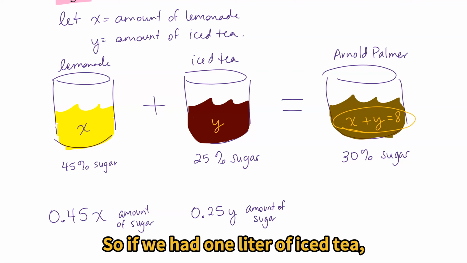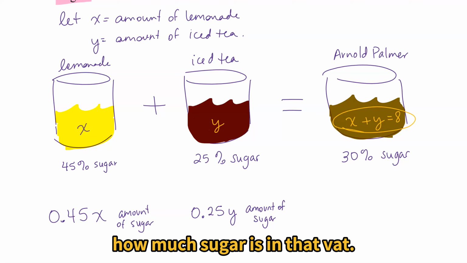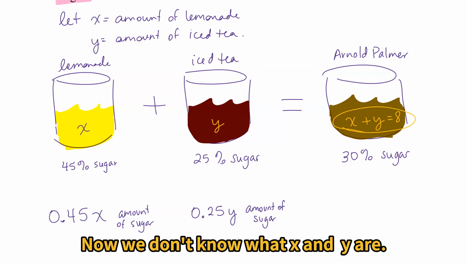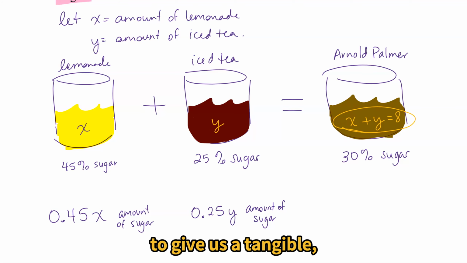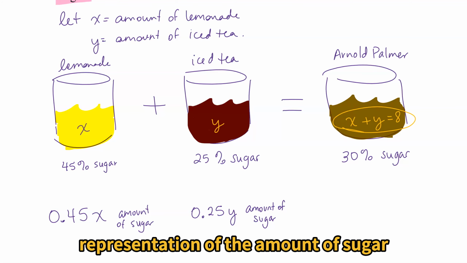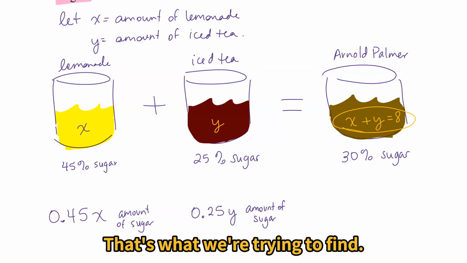So if we had 1 liter of iced tea, 1/4 liter, 0.25, would be how much sugar is in that vat. Now we don't know what x and y are. I'm just throwing in numbers to give us a tangible representation of the amount of sugar or the amount of the liquid. That's what we're trying to find.